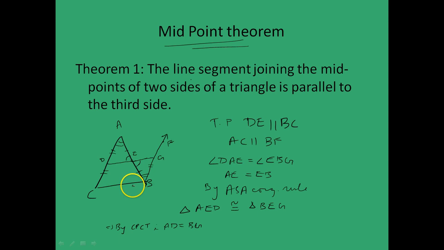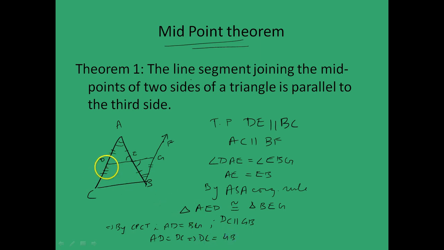And we know that these two sides are also parallel, that is, we know that DC is parallel to GB. And please note that AD is equal to DC. This implies DC is equal to GB.